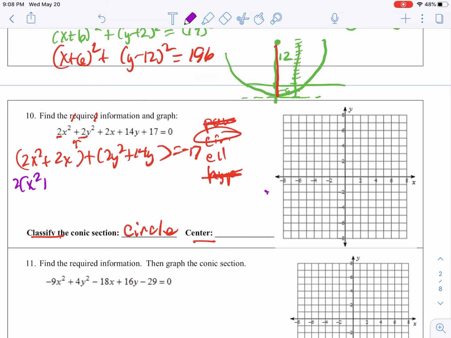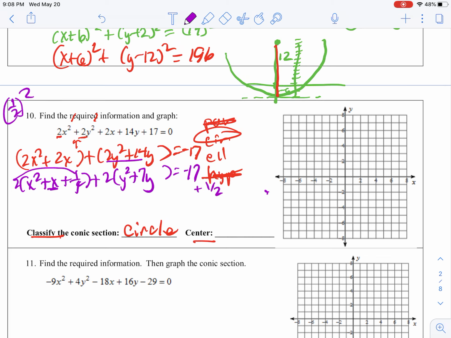All right, now I'm going to factor out a 2. This one's going to get kind of messy, but that's okay. I'm factoring out a 2 out of 2 and 14, and the negative 17 still over here. Half of 1 squared is 1/4, but that's really adding 2 times 1/4, or 1/2 to this side.